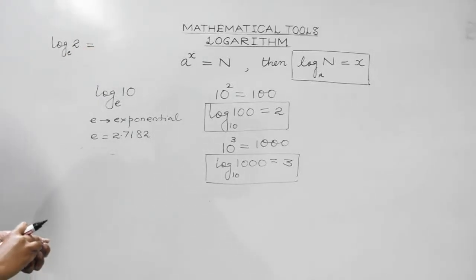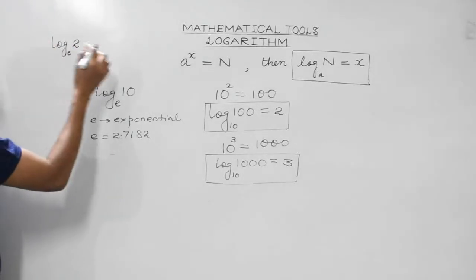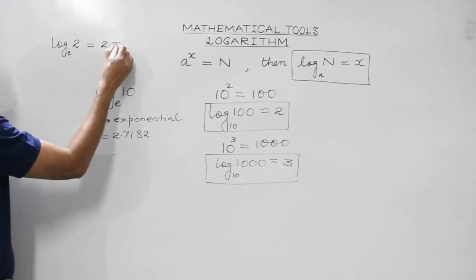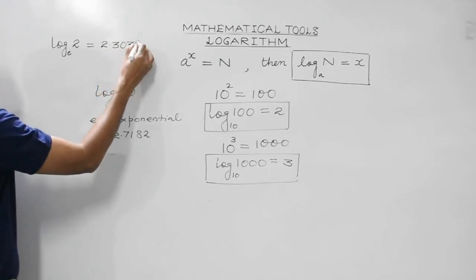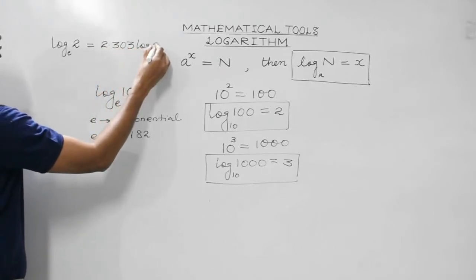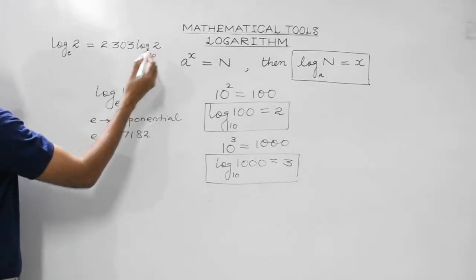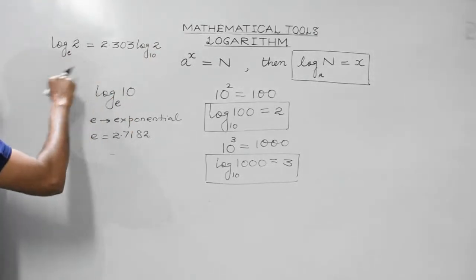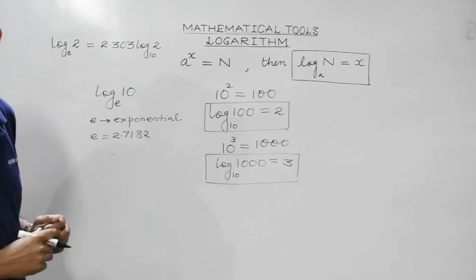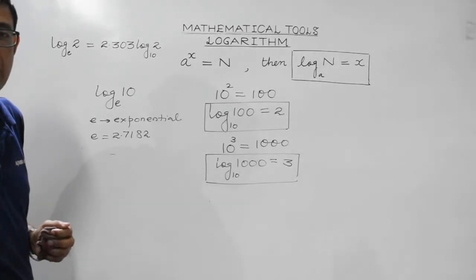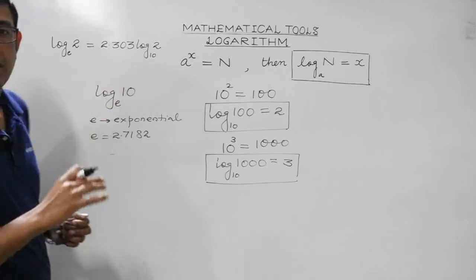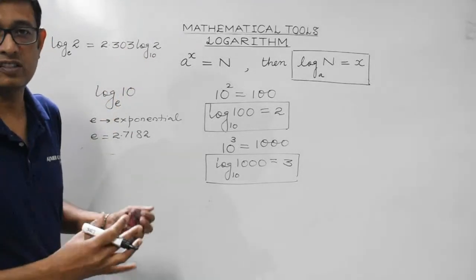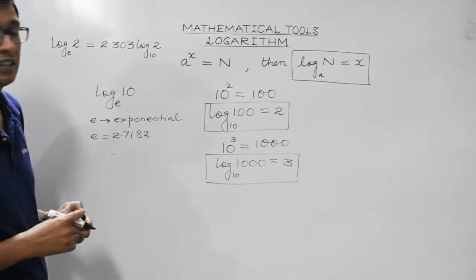Natural log of 2 will be equal to 2.303 times common log of 2. So in order to convert natural log into common log, it has to be multiplied by 2.303. It has a mathematical verification, but I will restrict myself to the result only, right?